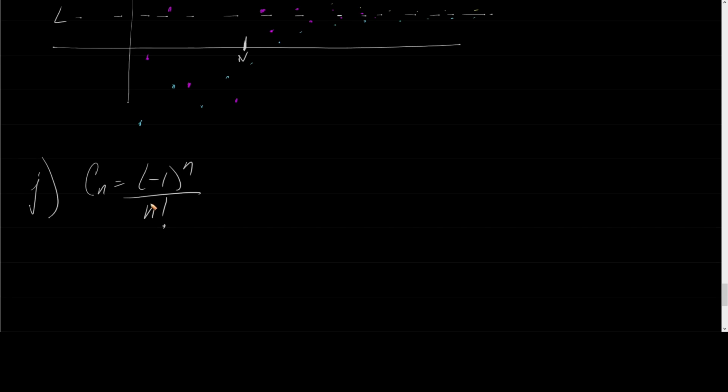Well, since this is alternating, we know for sure that (-1)^n over n factorial is going to be between 1 over n factorial and -1 over n factorial. That's not really that helpful because of the factorial. What do we do there?